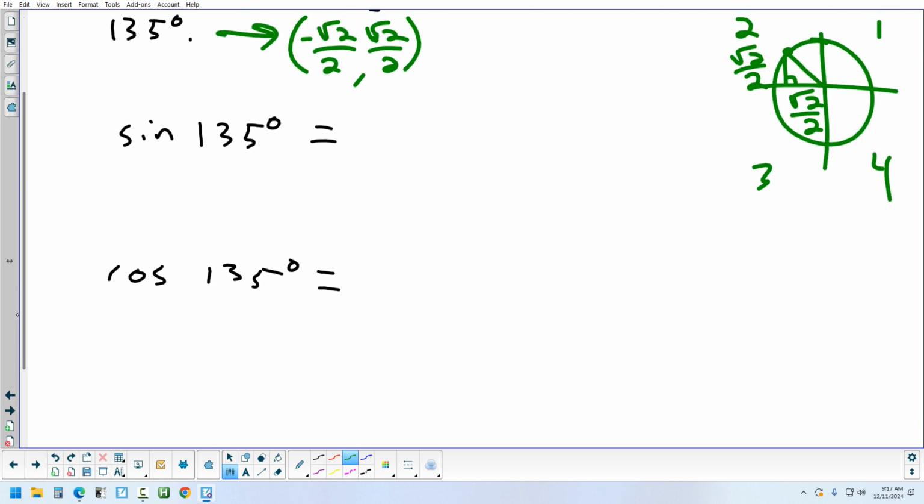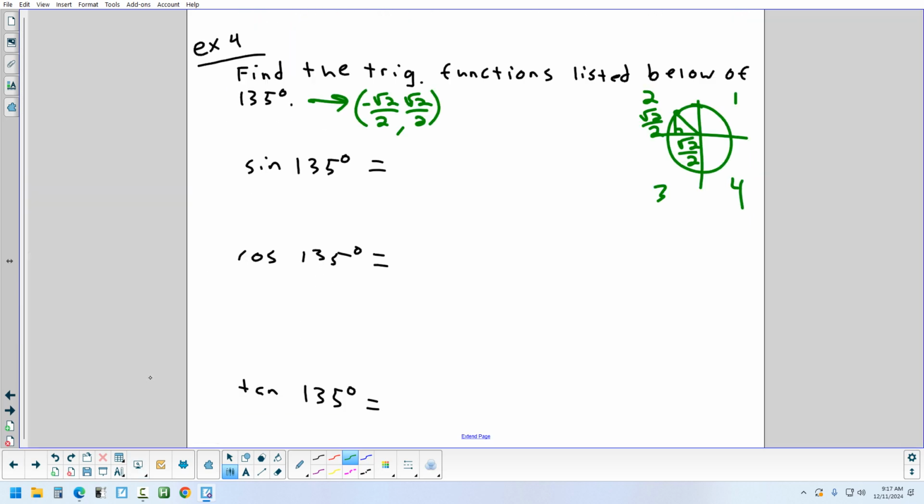Okay, so what's the sine of 135? Yep, root 2 over 2. What's the cosine of 135? Would it be negative root 2 over 2? Right. So the coordinate, you've got to get the x value, and the x value there is a negative.